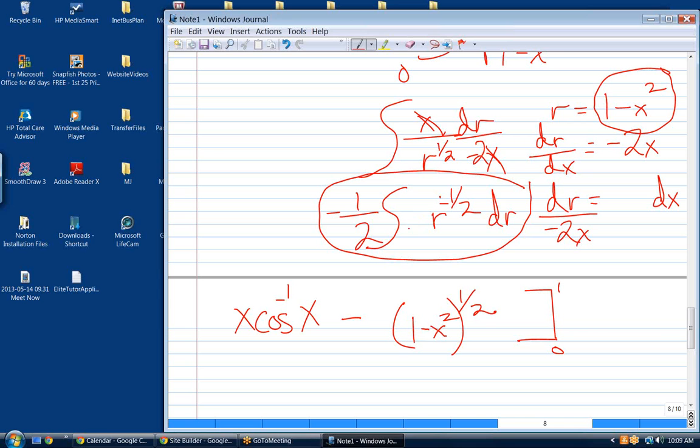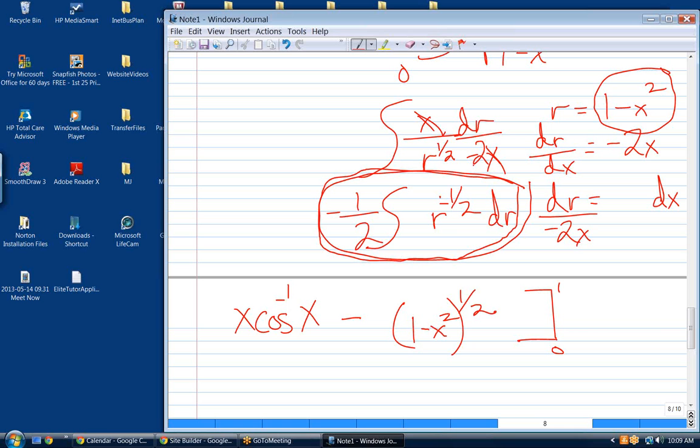In other words, you can do it two ways. The easiest way is to resubstitute for r and then evaluate it at your original limits of integration. If you want to evaluate this thing directly, then I have to find new limits of integration. When x goes from 0 to 1, what does r do? Well, r goes from 1 to 0.